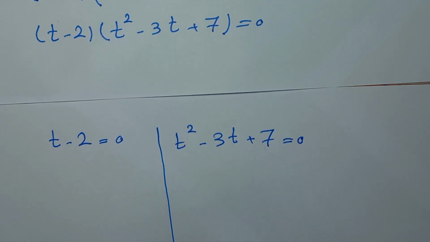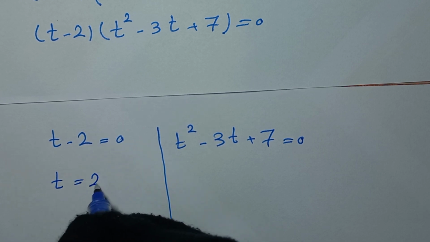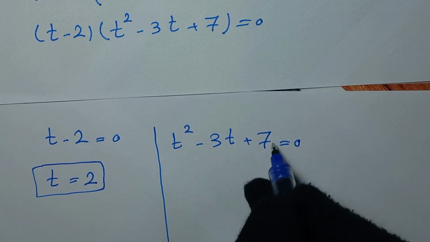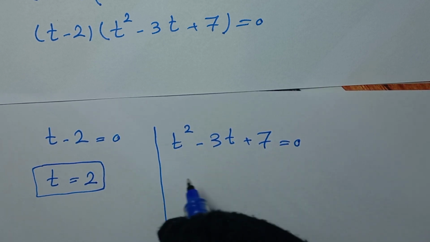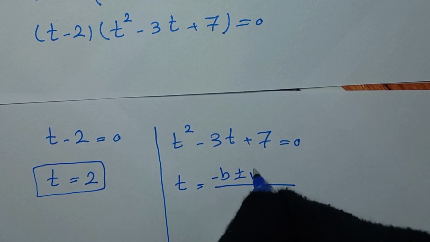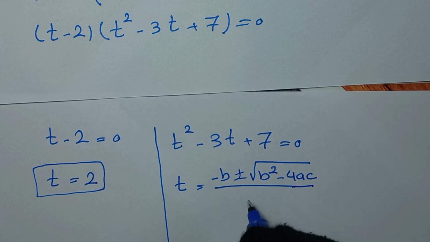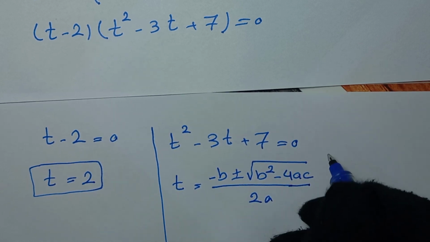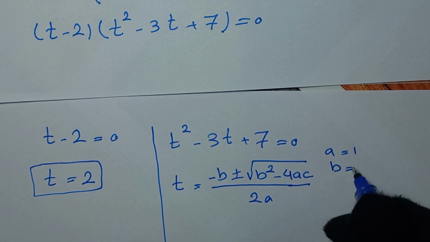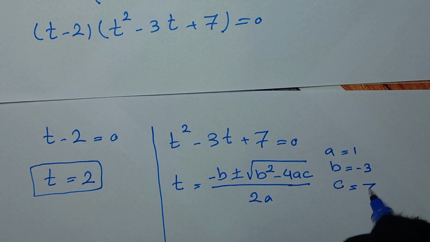Here, we take this negative 2 to this side, and it will be t is equal to 2. And here, we have a quadratic equation, and we use the quadratic formula, which is t is equal to negative b plus or minus square root of b squared minus 4ac over 2a, where a is the coefficient of t squared, which is 1, b is the coefficient of t, which is negative 3, and c is the constant, which is 7.